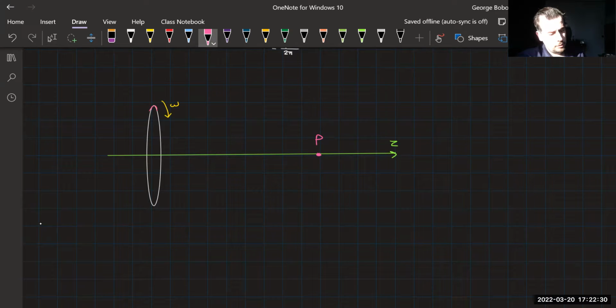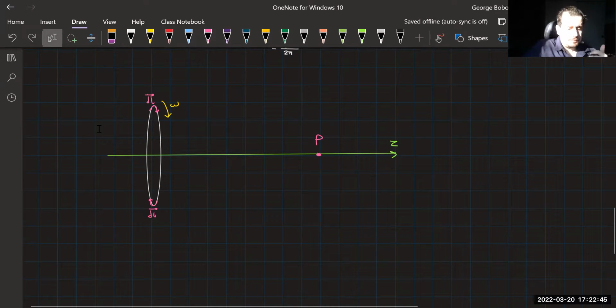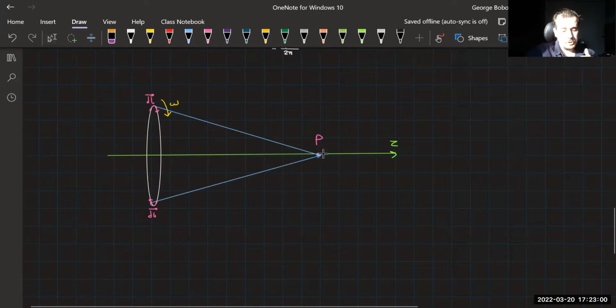That means dl will look like this on the top part, and like this on the bottom part. I pick two segments, dl on the top and bottom. Then my immediate move is to draw the r vectors. There they go, launching toward point P. As we said, they always point toward the point of interest from the element.